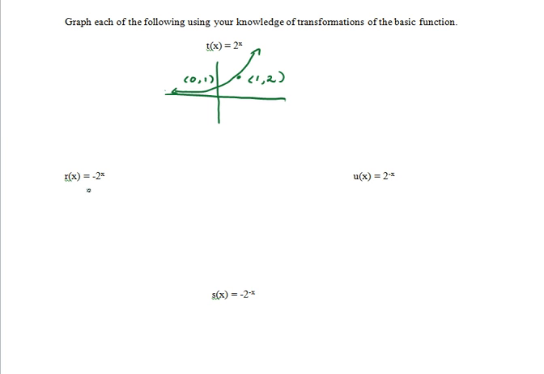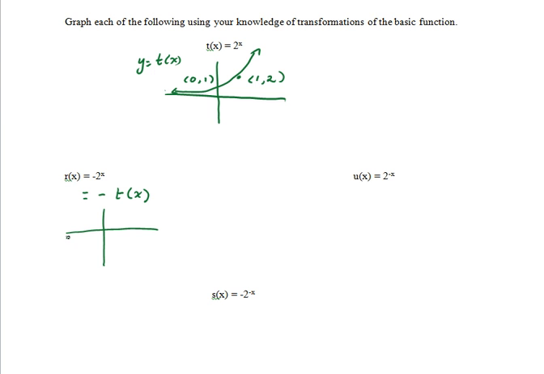r of x is the opposite of 2 to the x, which is the same as the opposite of the function t of x. So it's going to take y equals t of x, which is the first graph we've drawn, and reflect it over the line y equals 0, or the x-axis.